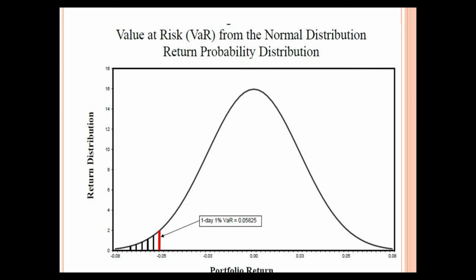Basically, we are always concerned about the left tail probability when we are estimating VAR or value at risk, which is shown in this slide. You can see the left tail probability is measured, which is 1 day 1% VAR is 0.05825.